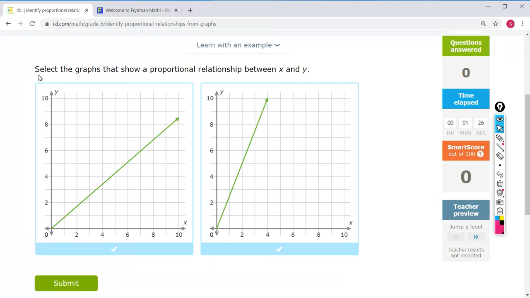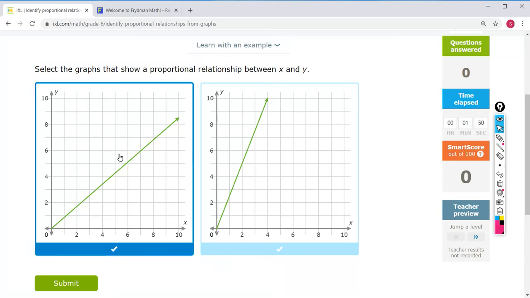And it says select the graphs that show a proportional relationship between x and y. So remember, how do we check that it's proportional? All we need to see is that it is a straight line which goes through the origin 0, 0. And this one satisfies those two conditions.